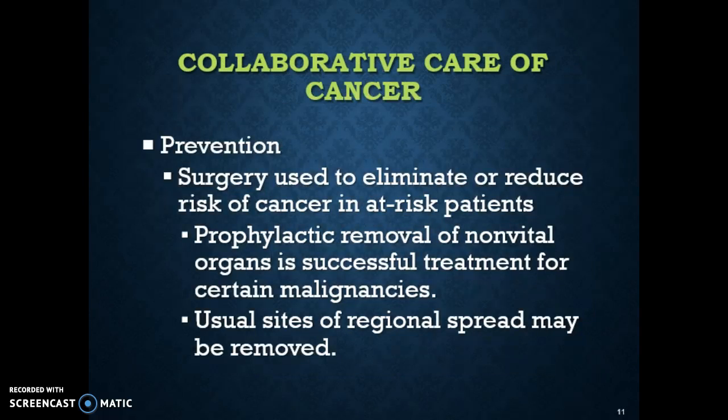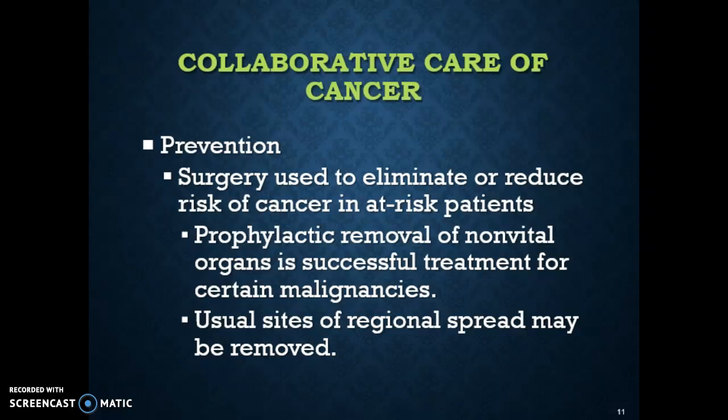So in terms of prevention, surgery is used to eliminate or reduce the risk of cancer in at-risk patients. And you think about what they call prophylactic removal of certain organs that are at high risk for malignancies.